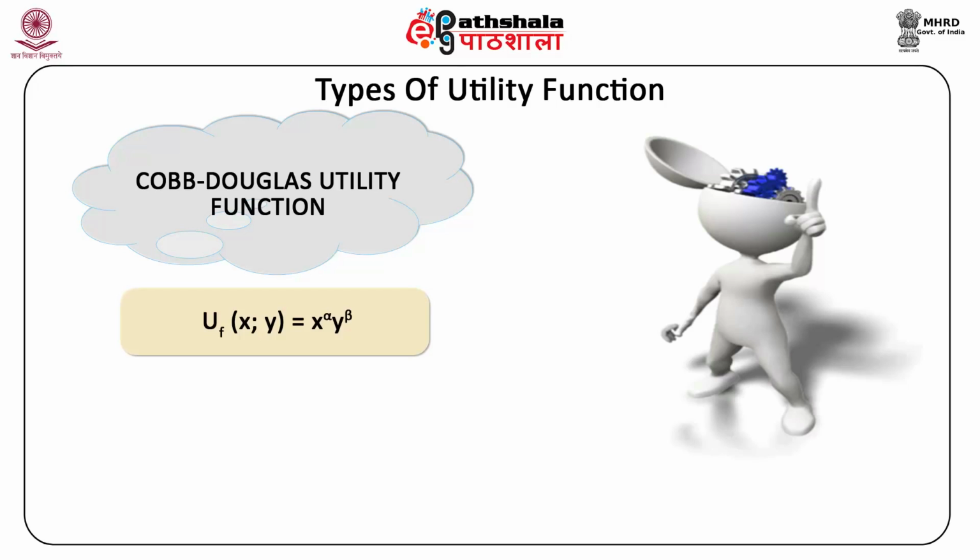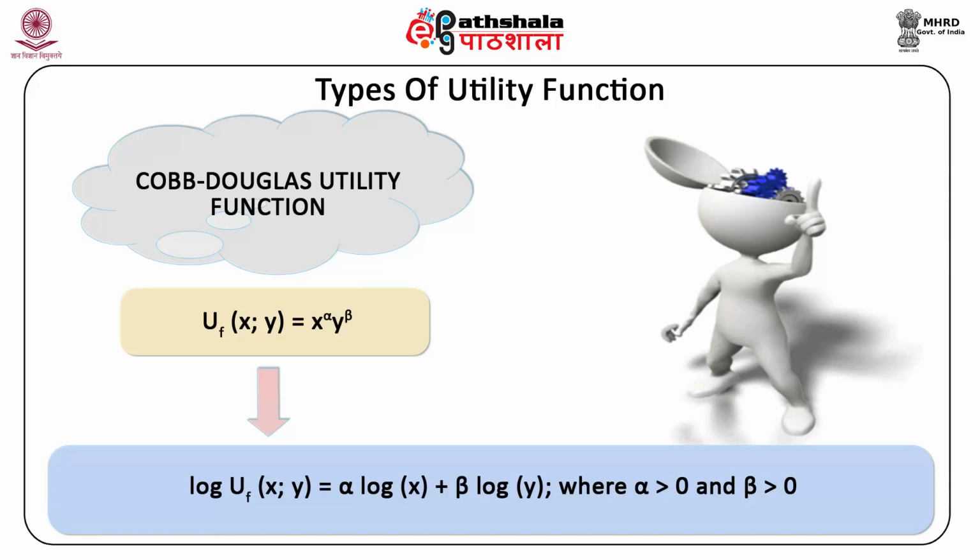Alternatively, using monotonic logarithmic transformation, Cobb-Douglas utility function could also be represented as follows, which is log UF of xy equal to alpha log x plus beta log y, where alpha is greater than 0 and beta is greater than 0.